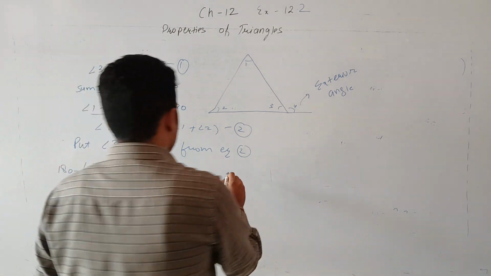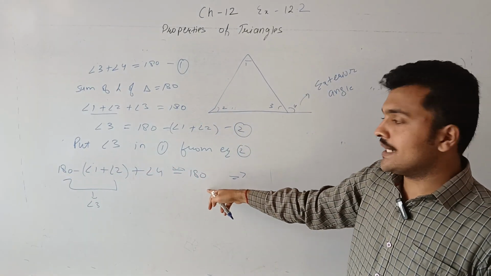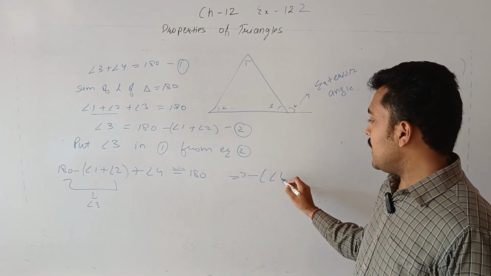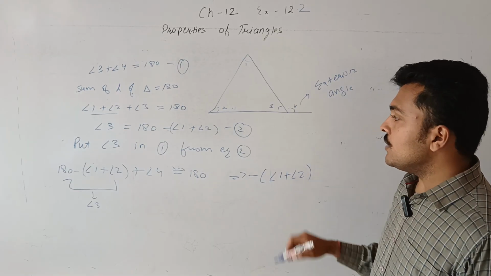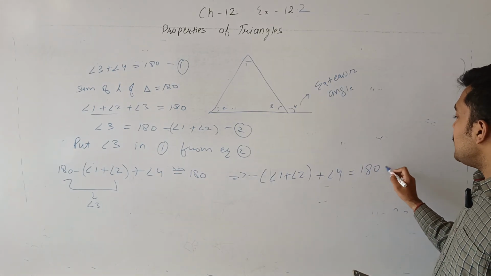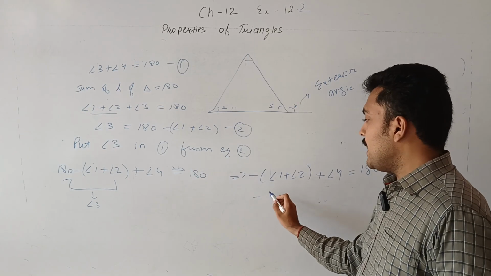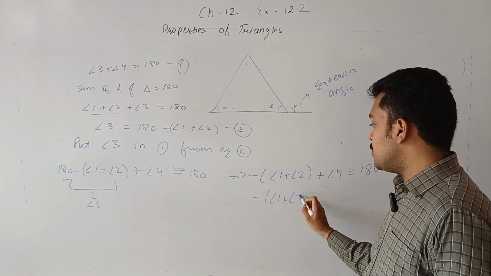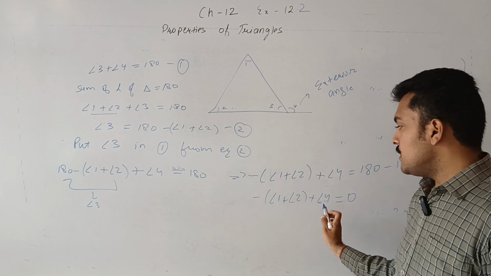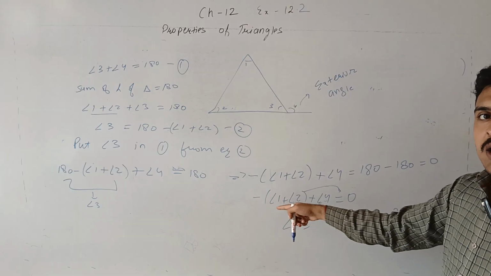Therefore from here, 180 will come to this side and get subtracted. So we'll get negative of (angle 1 plus angle 2) plus angle 4 is equal to 180 minus 180, which is equal to 0. So we have minus of (angle 1 plus angle 2) plus angle 4 is equal to 0. Therefore angle 4, this will go to the other side and it will become positive.